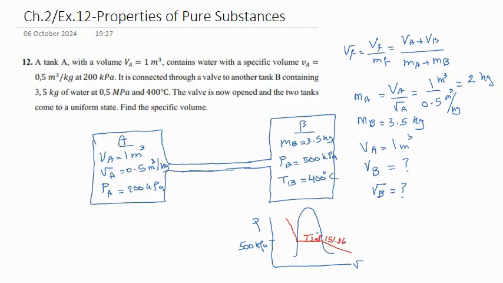However, our temperature is at 400, so we are at a higher temperature line here. And the only way we could have 500 kilopascal at 400 Celsius is when the intersection occurs here, which is the superheated part. This means we have to use table B3.